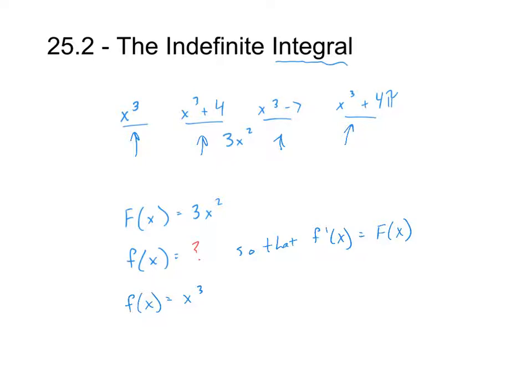So what we do is we say, okay, that is equal to x cubed, but we're going to add on a plus c, where c is some constant. I don't know what it is without more information about little f of x. It could be a 4, it could be a minus 7, it could be a 4 pi, it could potentially be 0. Okay, so that's kind of what's going on here.